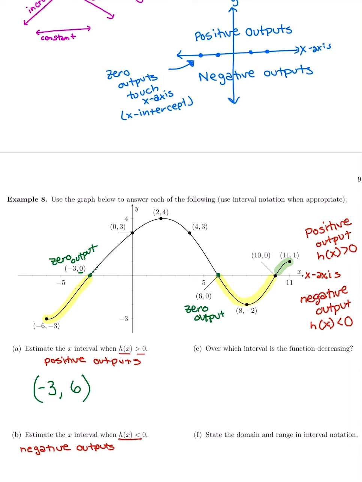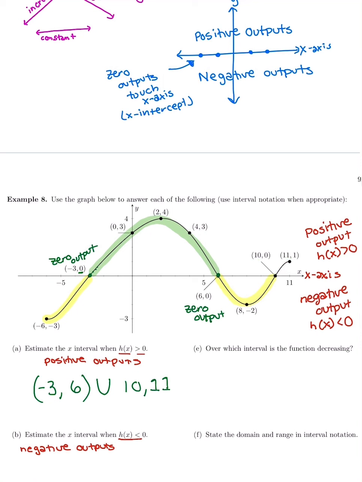So now we've covered that first interval of positive outputs above the x-axis. And then there's also this little piece to consider here. And we want to look at those x values. So I'm going to do union. Our other interval starts at 10. And then the x value goes to 11. And now I want to figure out, do I need open or closed parentheses?